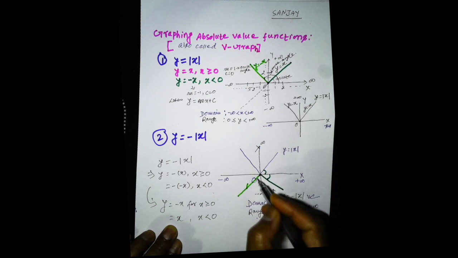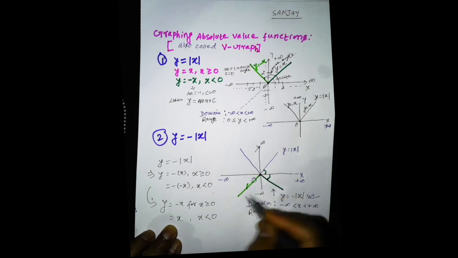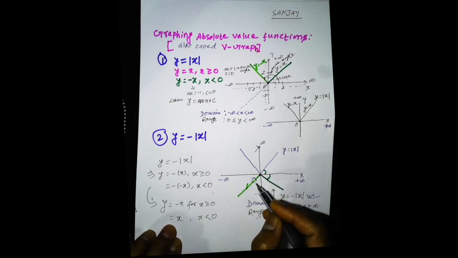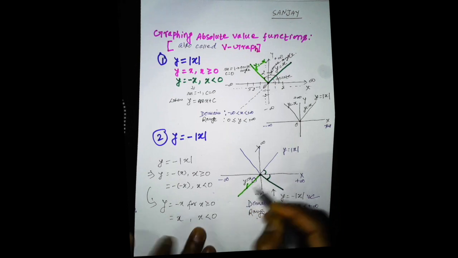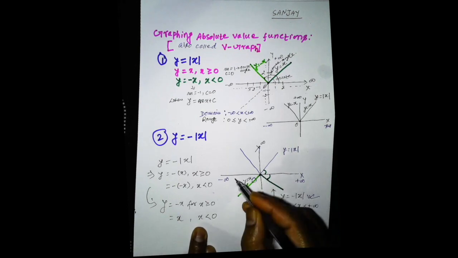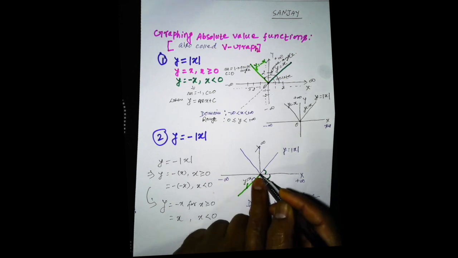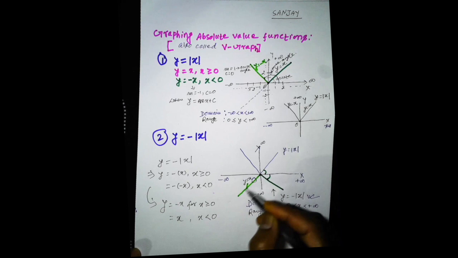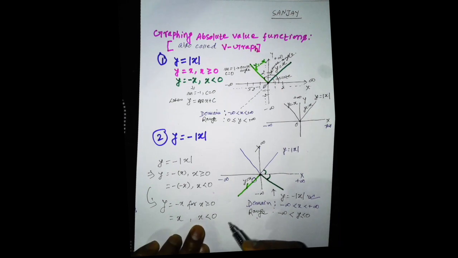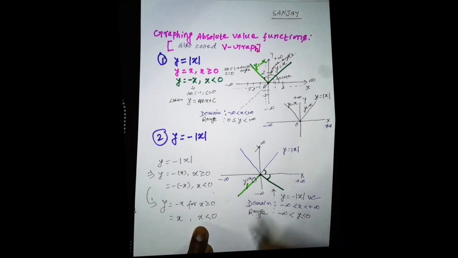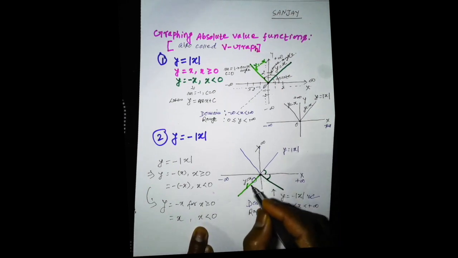So this is the equation y equal to x for x less than 0. That means when you go to values of x less than 0, it will give you this line.